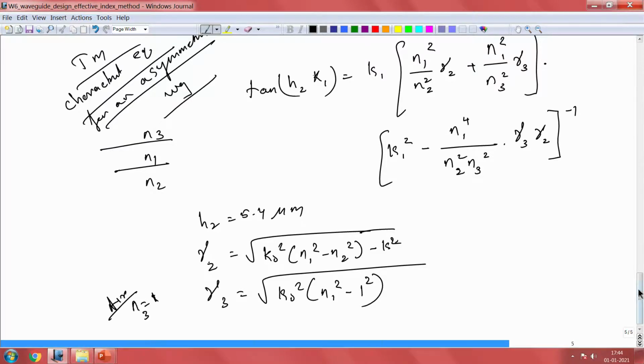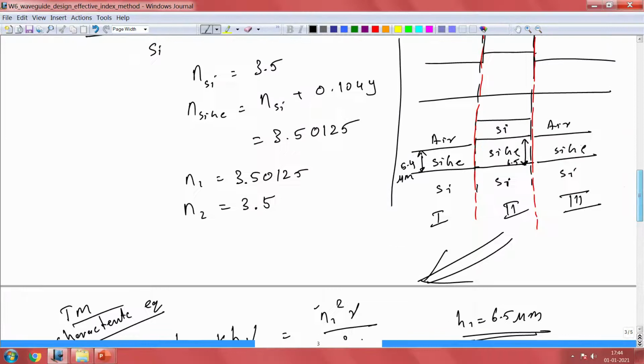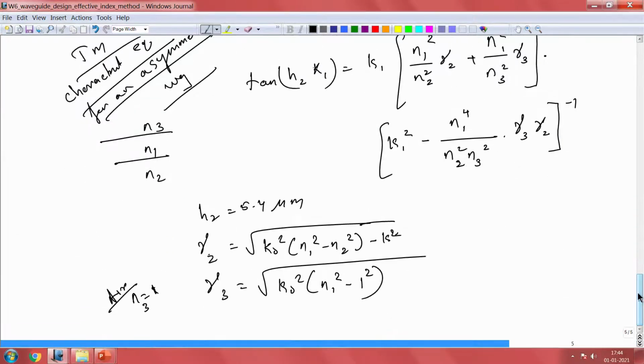On top we only have air. So n1 we know, 3.50125, n2 is silicon 3.5, and n3 is 1.